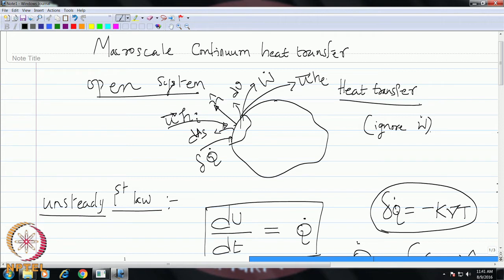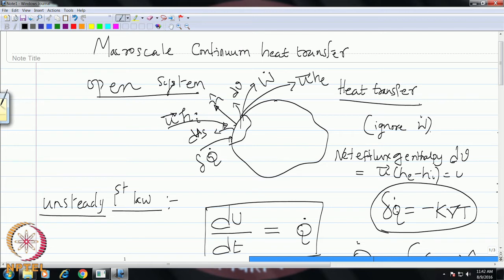So, therefore, we can introduce the net efflux of enthalpy, which is basically leaving this particular differential control volume, and will be u vector times he minus hi.